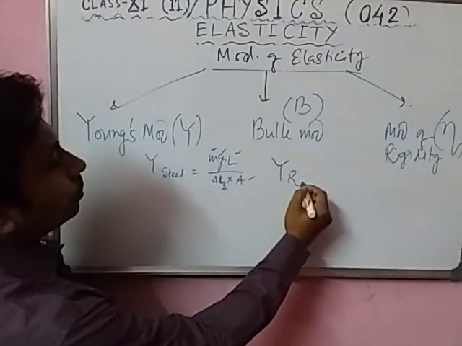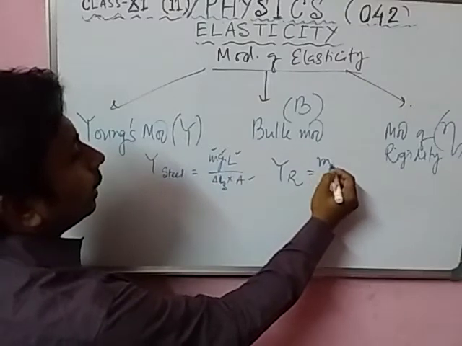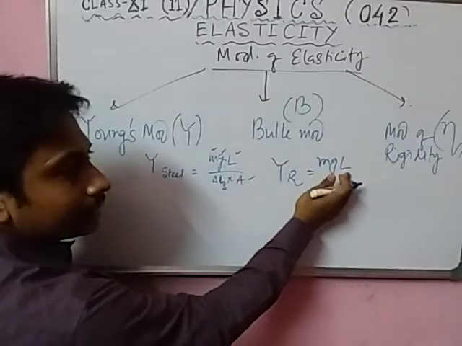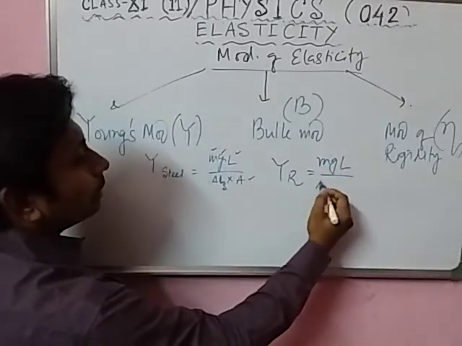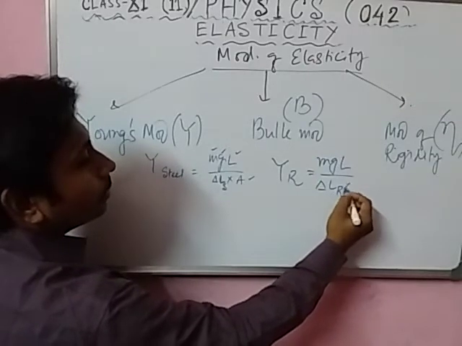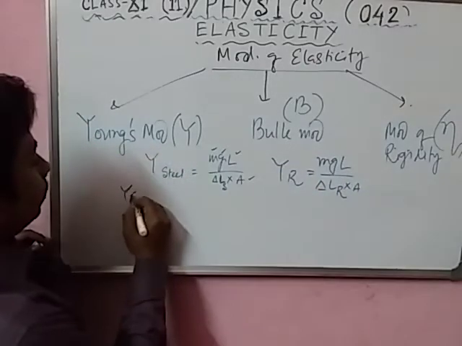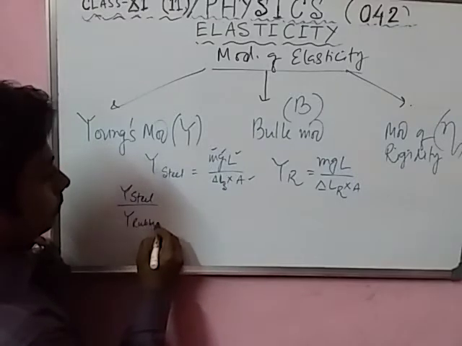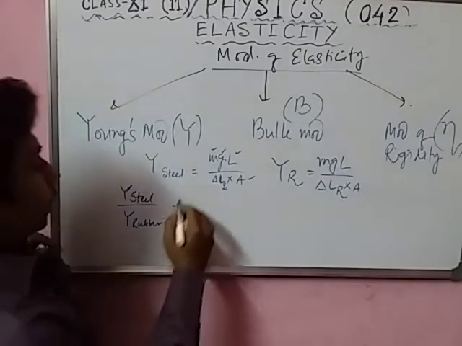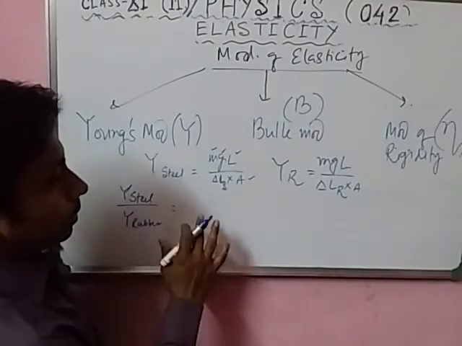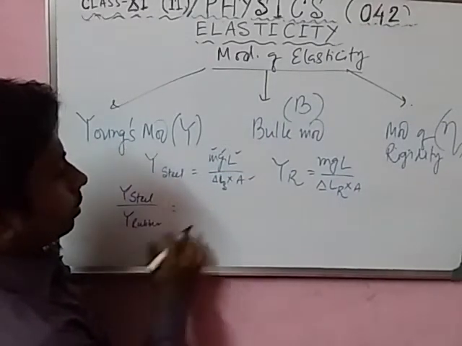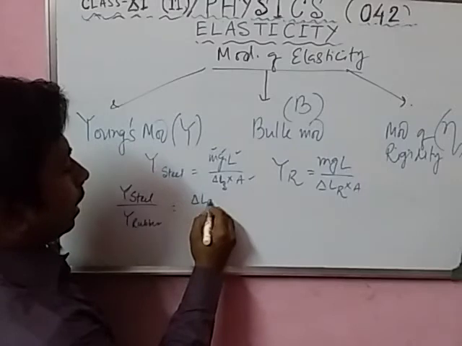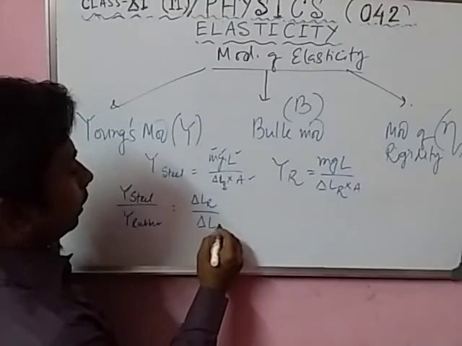Young's modulus for rubber is equal to mgL, take same length, by delta L of R into area. Now compare steel by rubber. Everything cancels out, only we get delta LR by delta LS.